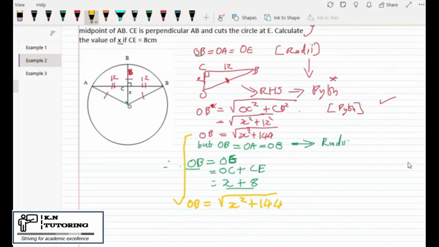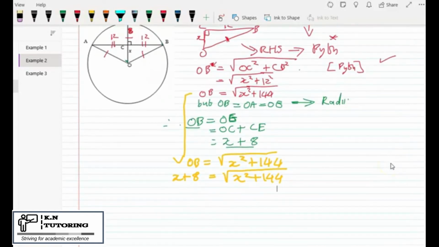Where I see OB, I can substitute x plus 8. So this is x plus 8 equals the square root of x squared plus 144. From here, algebra. You can't run away from algebra. Now I want to get rid of the square root, so we need to solve for x.